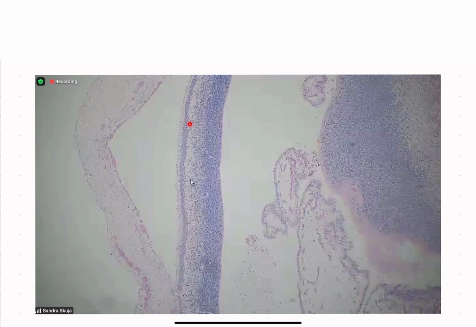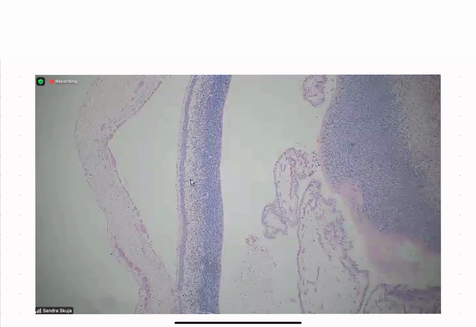Please write down the name of this structure as well as this structure. I'm going to give you 30 seconds for that. This and this. Same slide as before, just different area. So again, this one and this one.